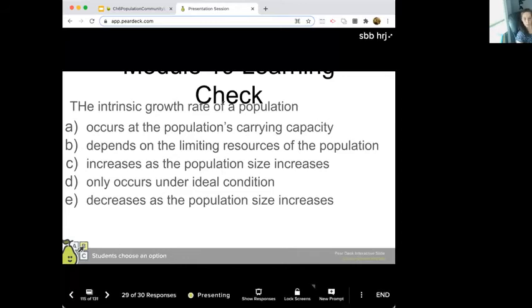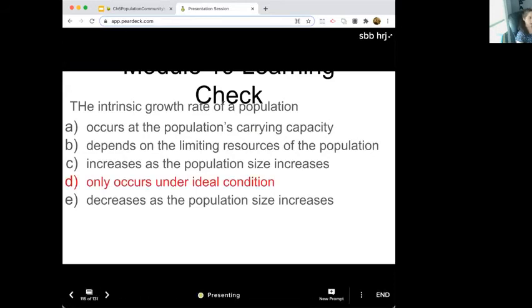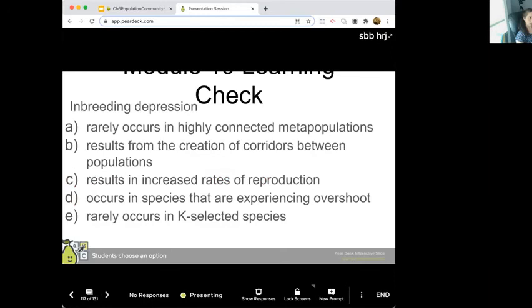Waiting for one more of you. Leo. Okay, there we go. Inbreeding depression. What is inbreeding depression?